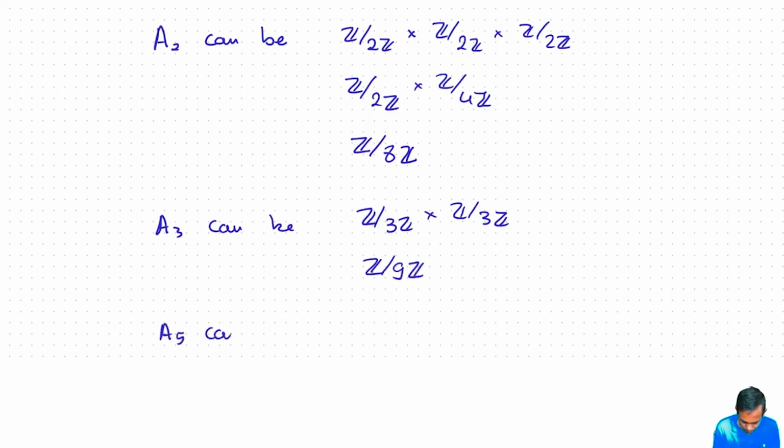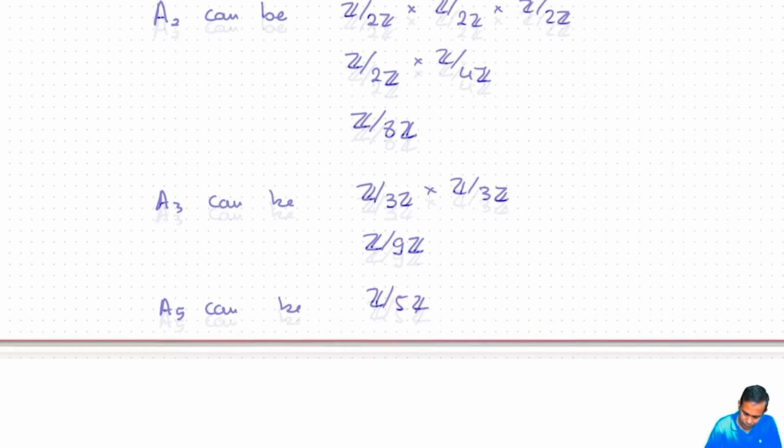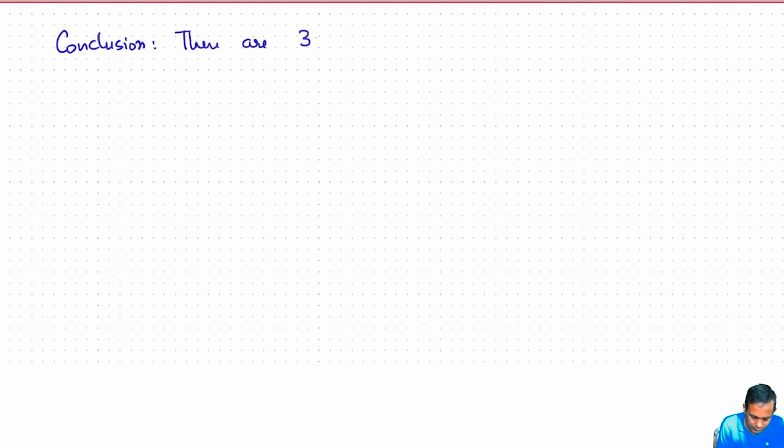For A5, there's only one possibility. So in total there are 3 times 2 times 1 possibilities for A. So what we can conclude is that there are 3 times 2 times 1, which is 6, isomorphism classes of abelian groups of order 360.